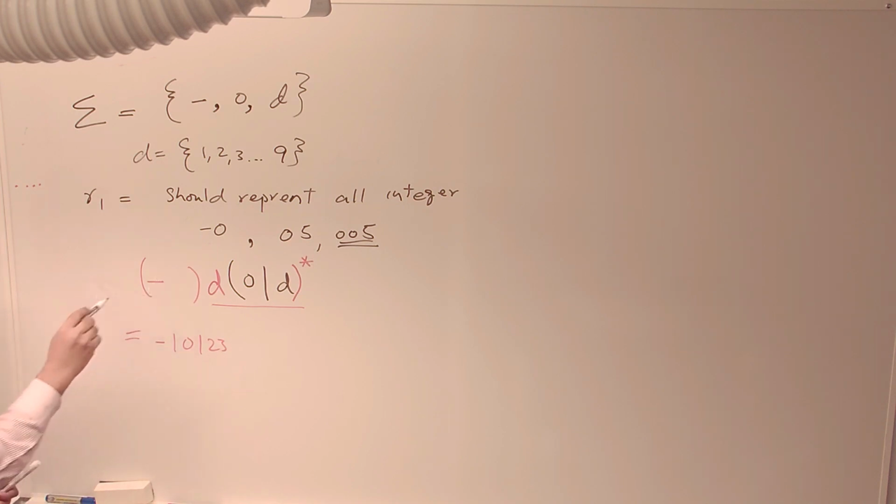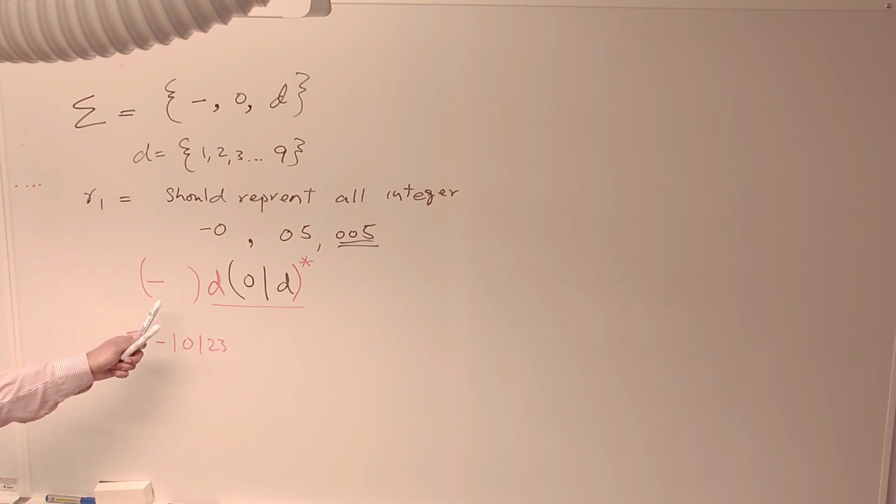So by putting minus, this regular expression will only generate negative integers. It will not be possible to generate positive integers. And how can we generate positive integers? By writing an expression where minus should not always be used, but only in some cases. And how can we choose? We can choose using the R notation, the regular R operator.